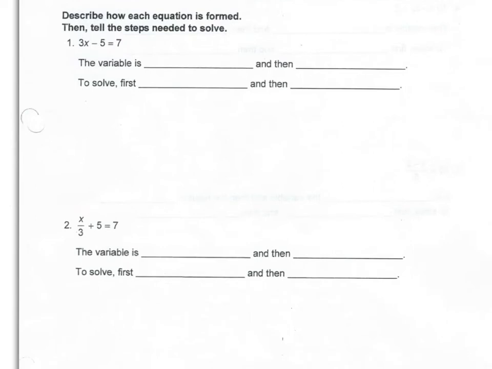Let's go ahead and get started on these examples down here. There are 5 of them that we're going to work through together here today. I'm going to show you how to fill in these sentences and then also a tool called clues and undos. First of all, let's list what's happening to the variable according to order of operations. So the variable is multiplied times 3 and then subtract 5.